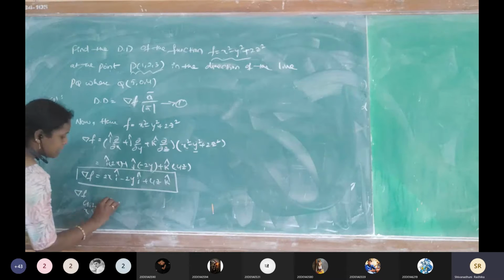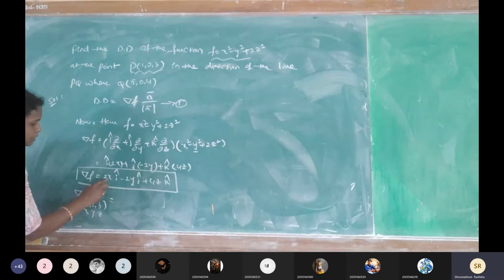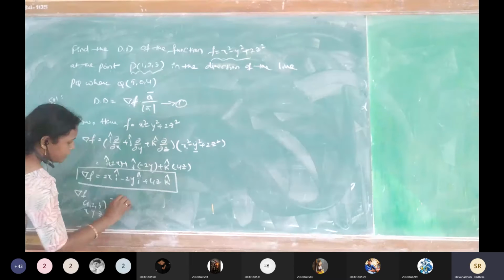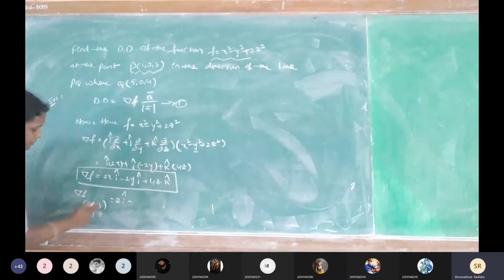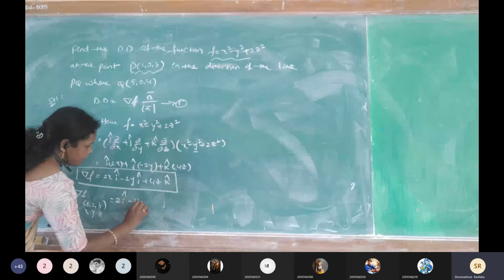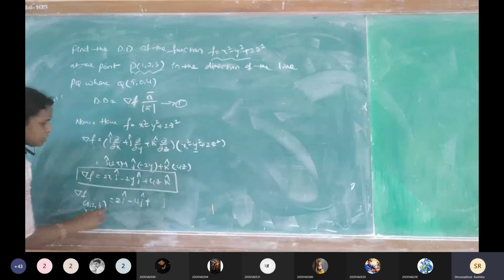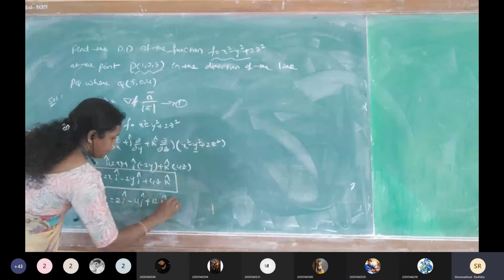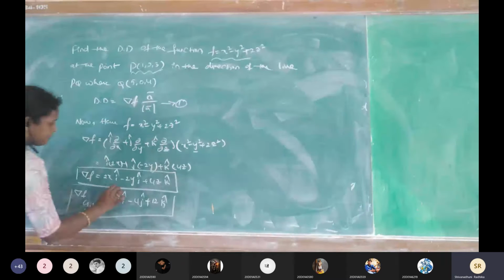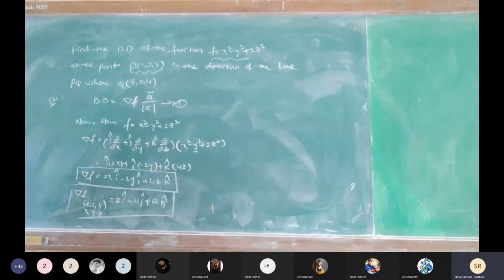That gives 2 into 1, 2 i cap, minus y equals 2, 4 j cap, plus z equals 3, 12 k cap. Completed, del f at the point.